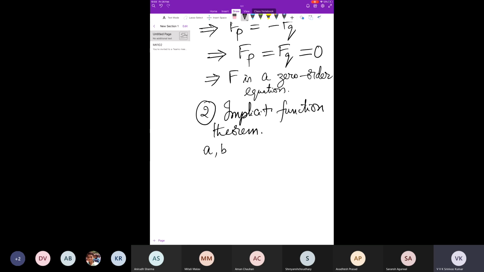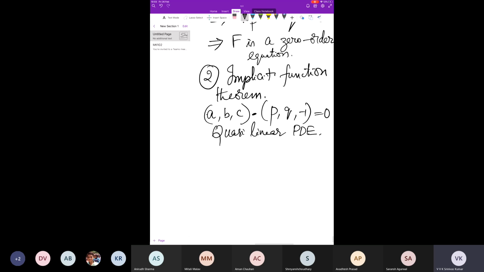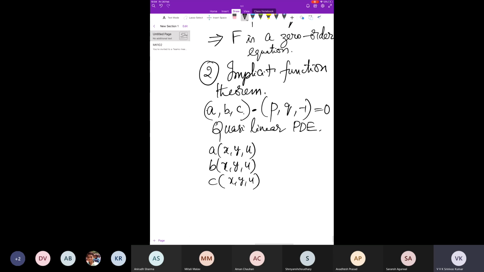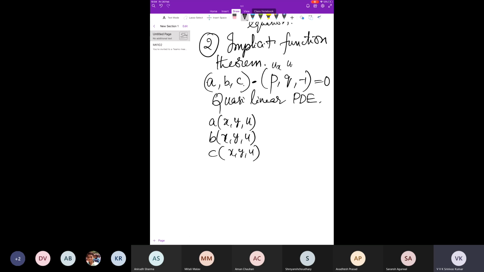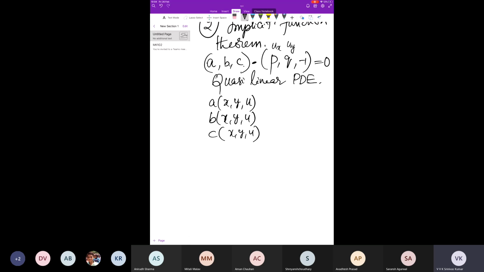For example, in the previous quasi-linear case, this is a quasi-linear PDE. A is a function of x, y, u, and similarly B and C are functions of x, y, u in a quasi-linear PDE. So this is our ux, this is our uy. We are writing A ux plus B uy is equal to C in this format.